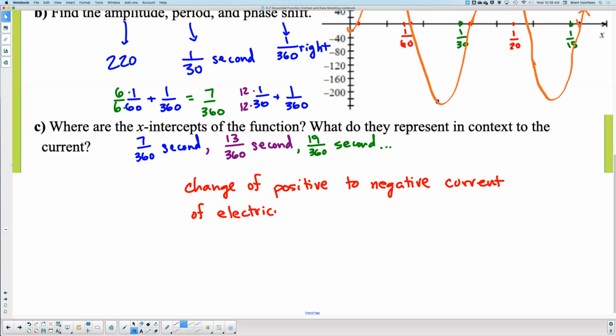So electricity is alternating, which means it's a positive current, negative current, positive current, negative current. That's what the zeros represent.